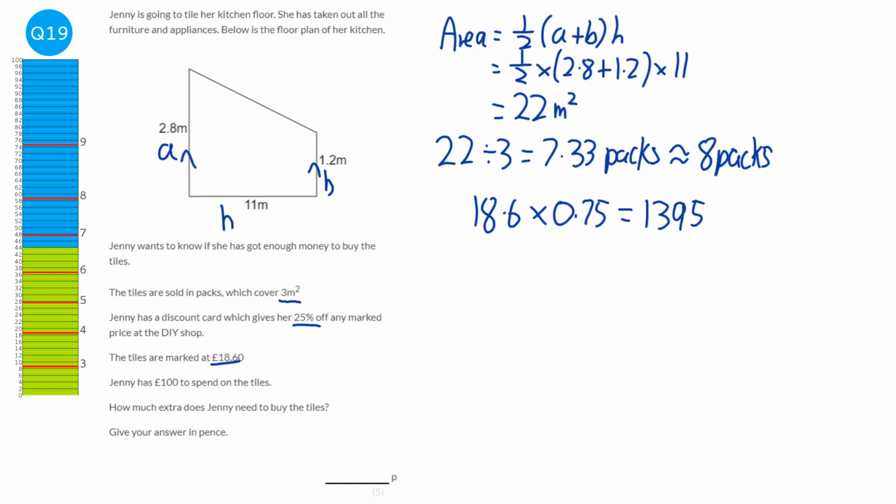Now I've done this in pence and I've kind of muddled it together here, so really let's just go back because I've done this in pence. So that would be 1,860 times 0.75, and so each pack will cost 1,395, and the reason we're doing this in pence is the answer needs to be given in pence, so I might as well just make that conversion now.